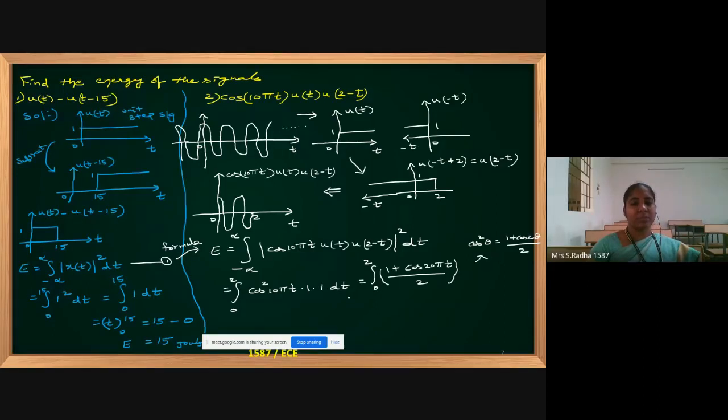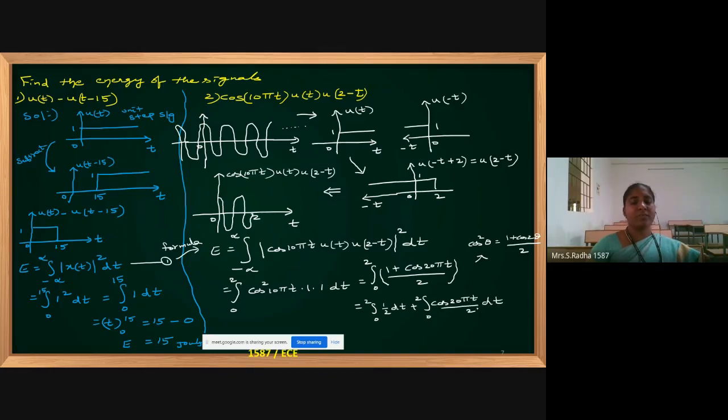In the next step, if you separate the terms, it will be integration 0 to 2 of half into dt, plus the second term, integration 0 to 2 of cos 20 pi t divided by 2 dt.